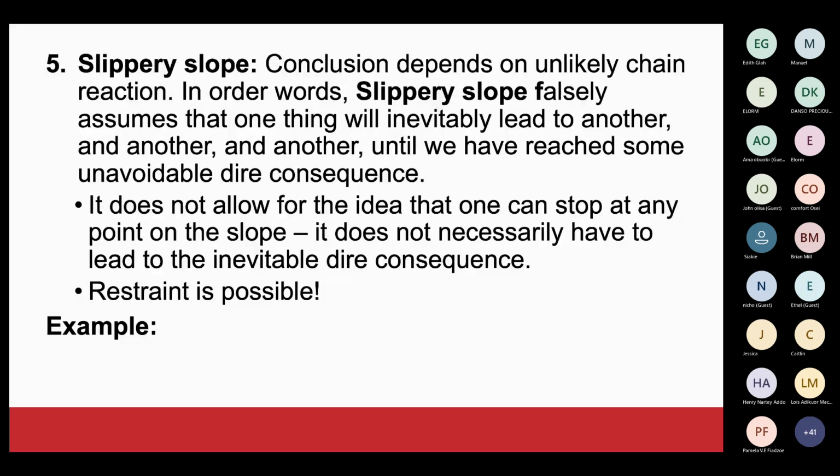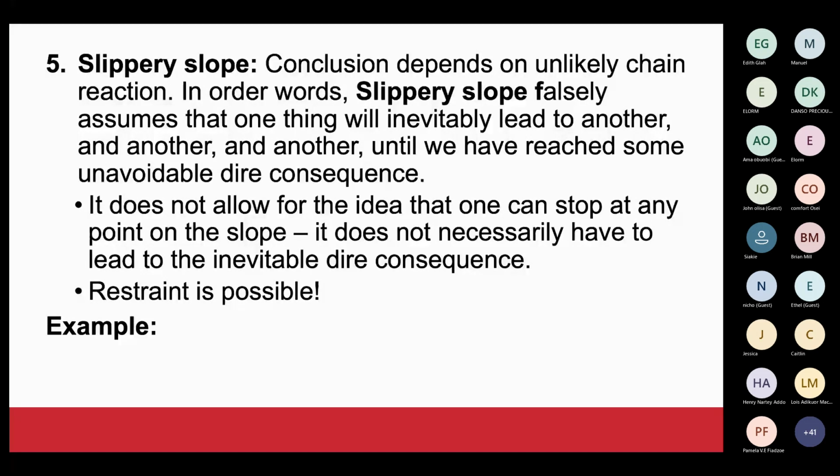We have the slippery slope. The slippery slope, the conclusion depends on an unlikely chain reaction. In other words, slippery slope falsely assumes that one thing will inevitably lead to another, and another, and another, and we have some unavoidable consequence.